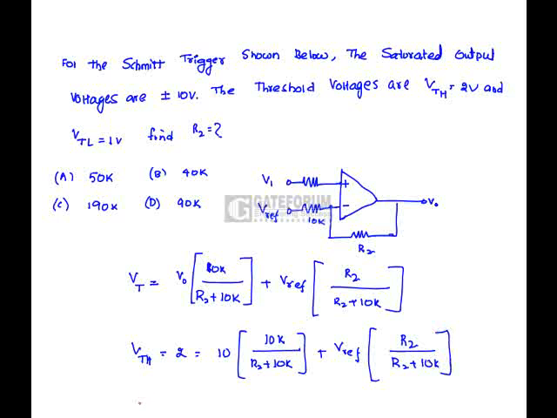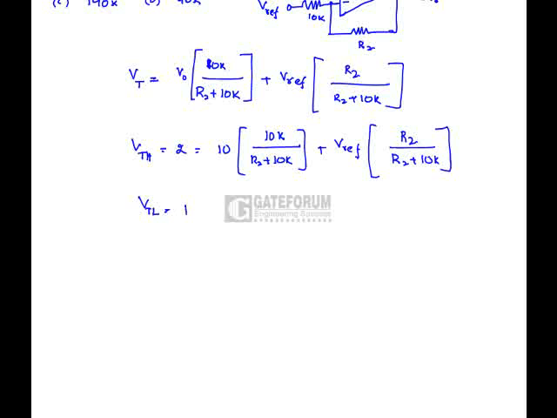So write the equation for the lower threshold voltage, which is 1 volt. This is going to happen whenever the output saturated voltage is minus 10, plus V reference R2 divided by R2 plus 10k.